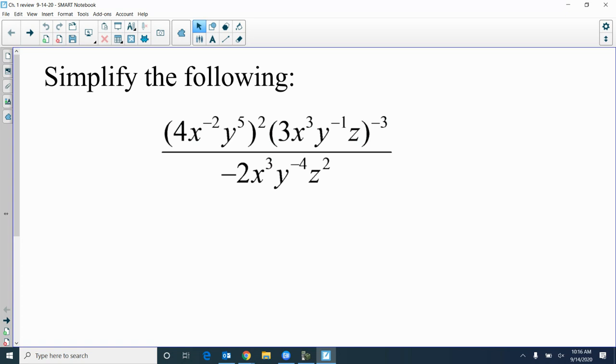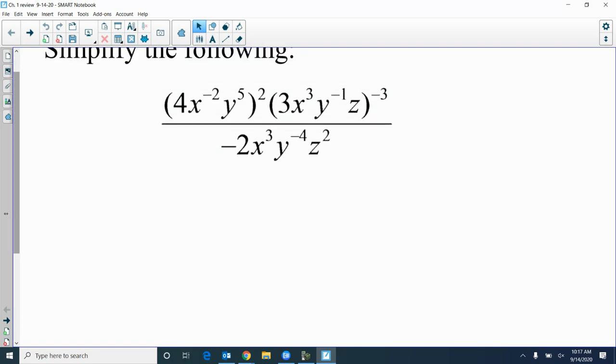All right, let's go through here. I think the answer is -8 y to the 17 over 27 x to the 16 z to the 5th. Yeah. All right, so let me just run through that real quick. Here's what I would do. That's squared.